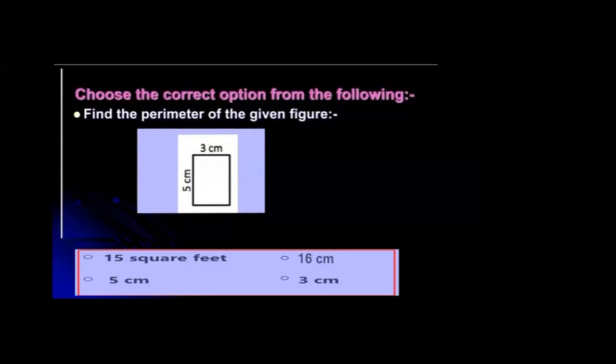Teacher, 3 plus 3 equals 6 and 5 plus 5 equals 10. Total, Miss, is 16 centimeter. Yes, very good. You have done the sum of all the sides of the rectangle, and in place of that you can also use the formula. So the answer is 16 centimeter. Excellent.